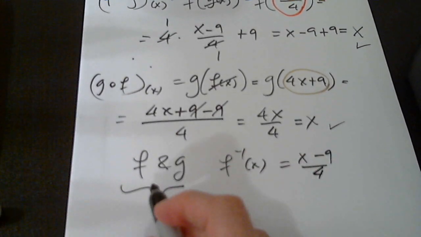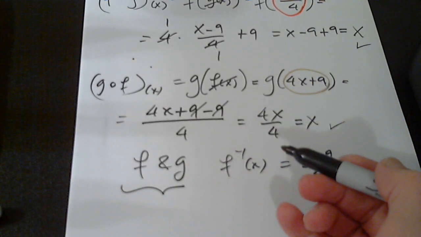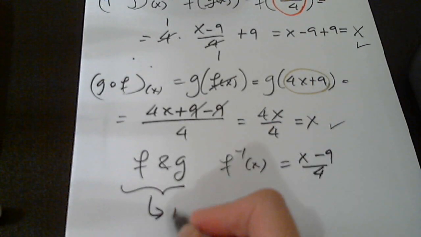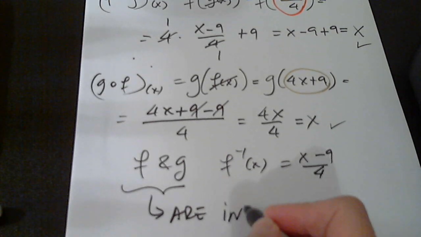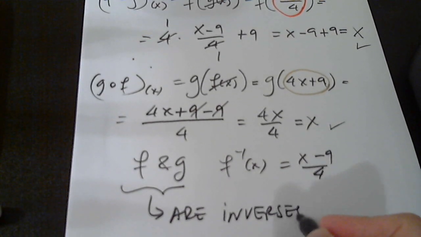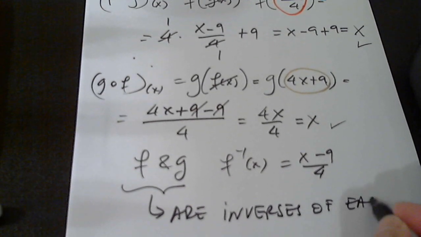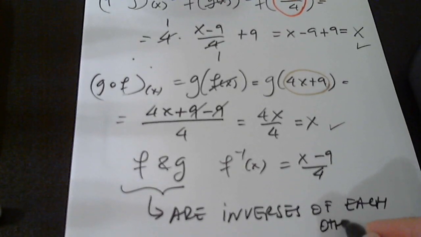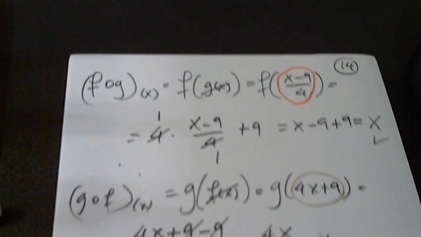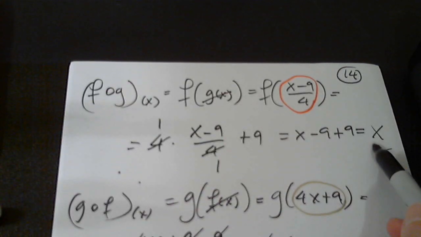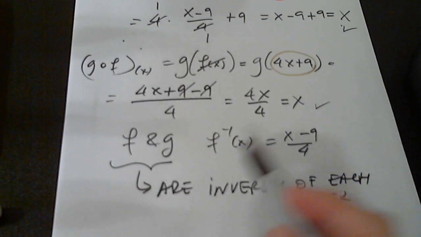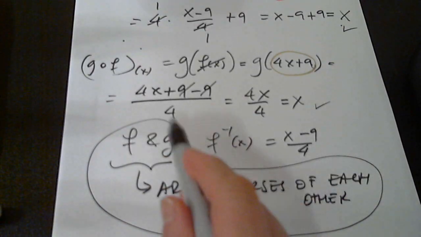Based on what we saw, f and g are inverses of each other. This only happens if f composed with g is x and g composed with f is x. Only then functions are inverses of each other.